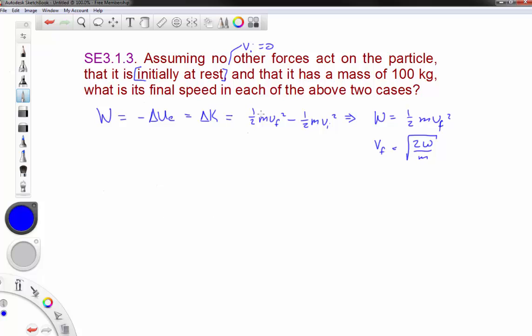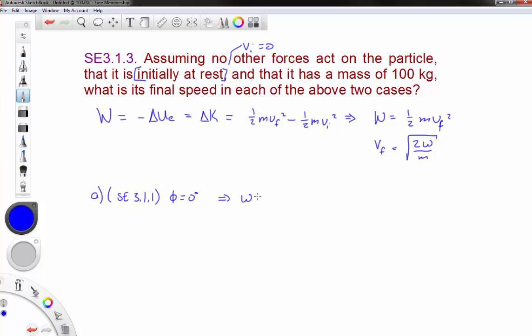That's true in each of the two cases discussed above. So case A would correspond to short example 3.1.1, which was the phi equals 0 case.